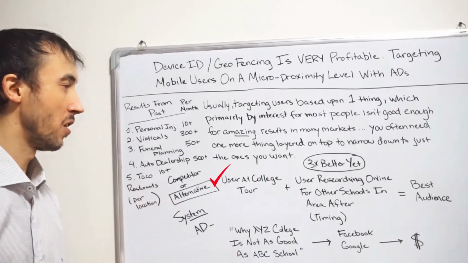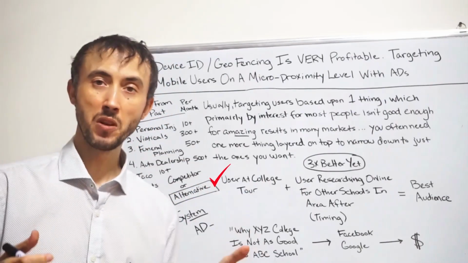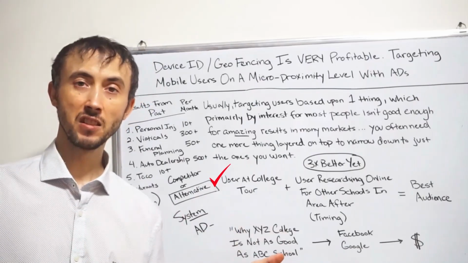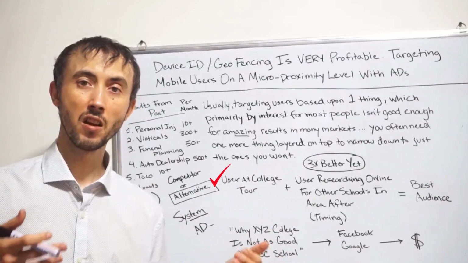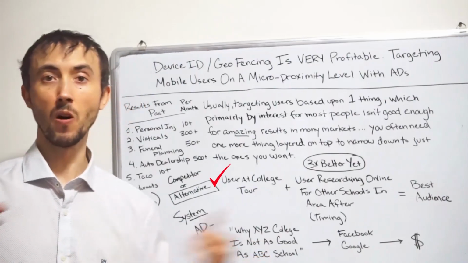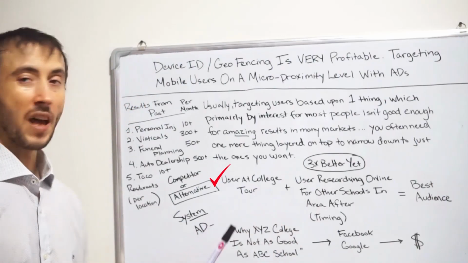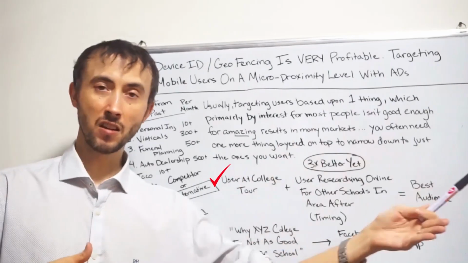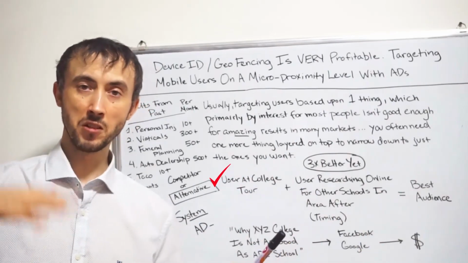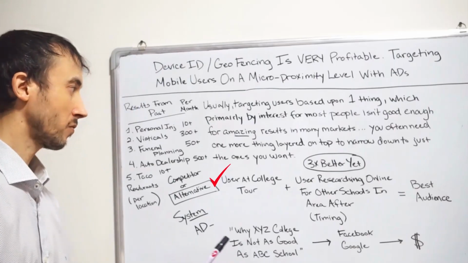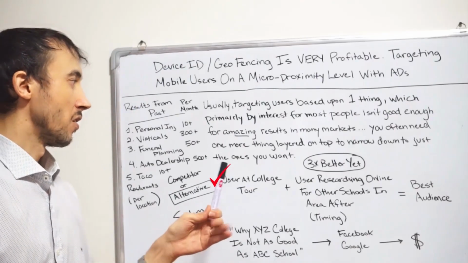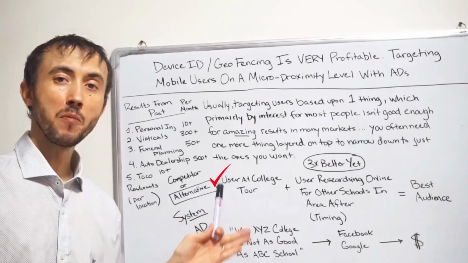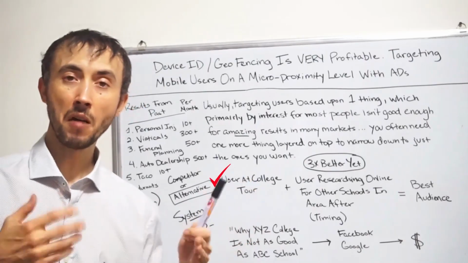Just as a side note, you can fully tap into somebody on all their devices, essentially, as long as they're logged in on Google to their same Gmail account on all their devices. But that's how the mechanics work in terms of targeting somebody that was at a college, and now you want to offer something to that person because they've been at that college. And whatever you're offering, maybe it'll be profitable as is.